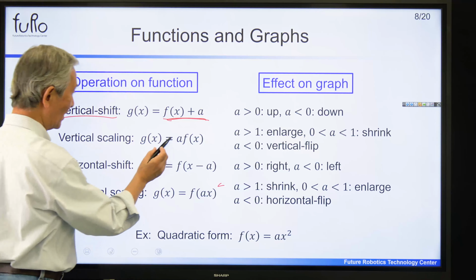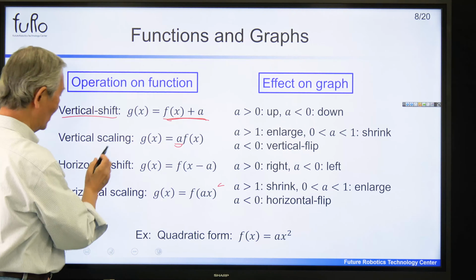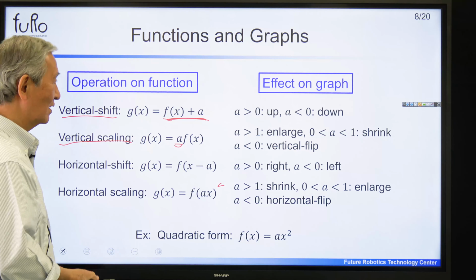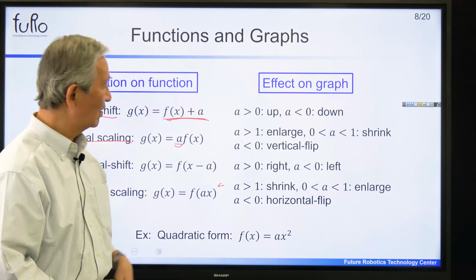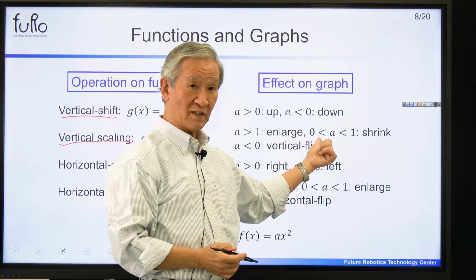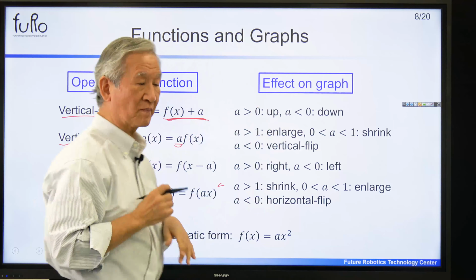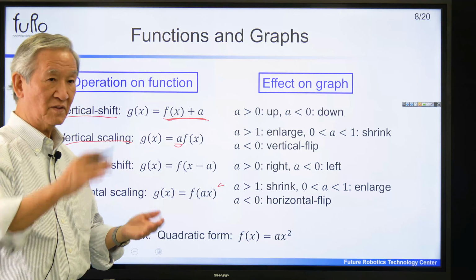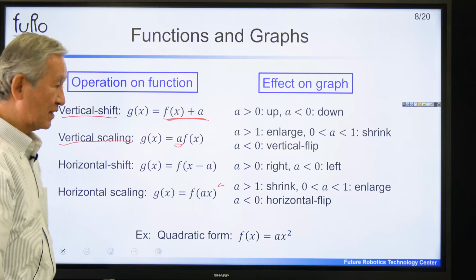And if you multiply instead of adding, then that's vertical scaling. If a is greater than 1, this enlarges. If a is less than 1 but positive, then it shrinks. And if a is negative, it just flips vertically.